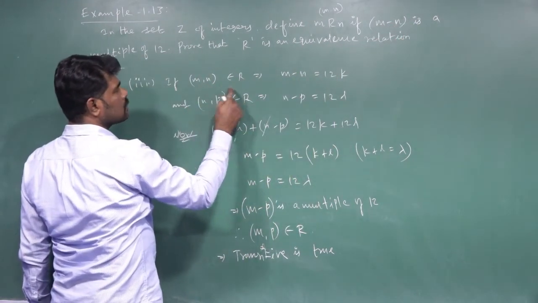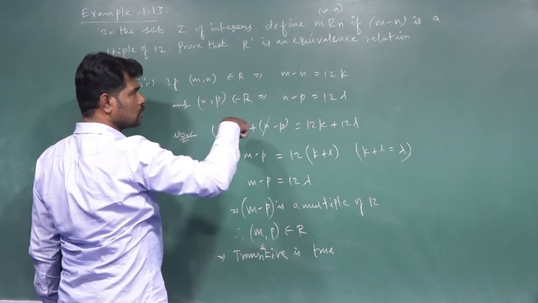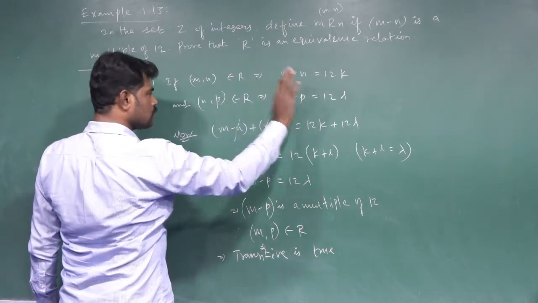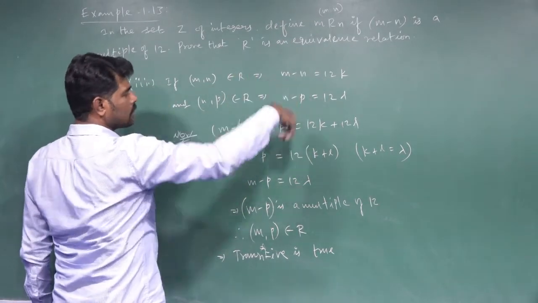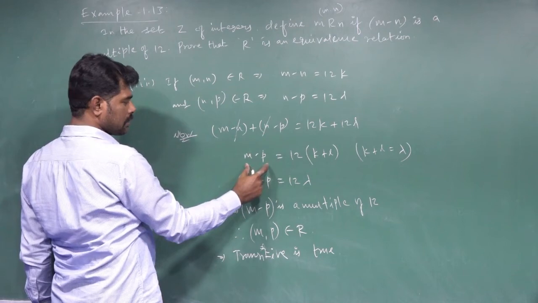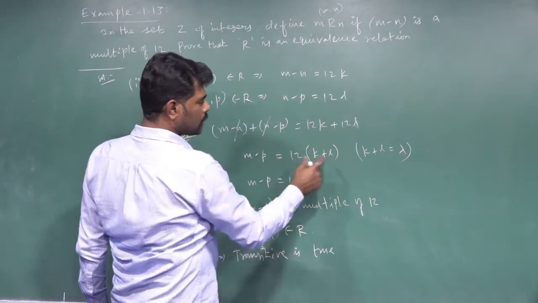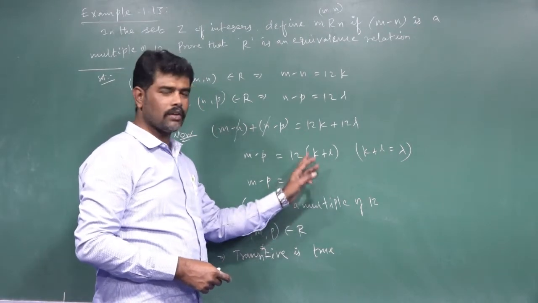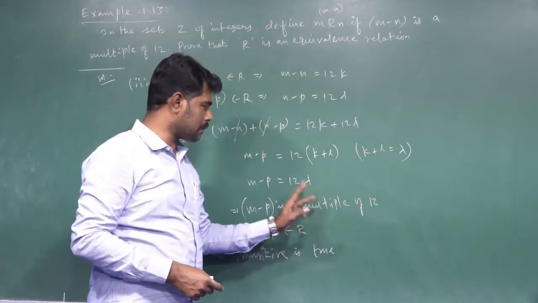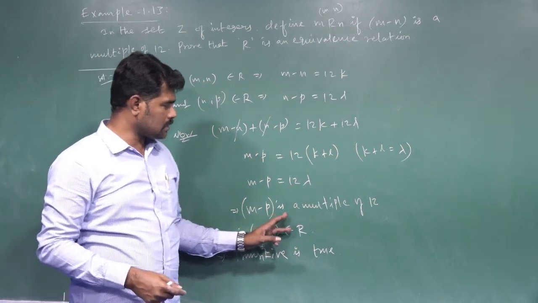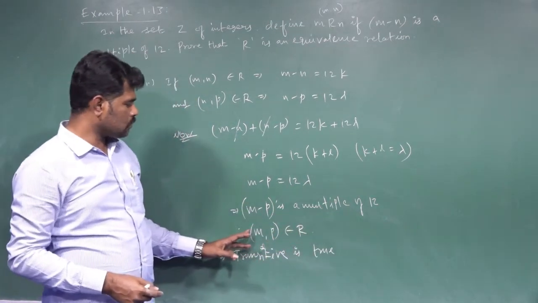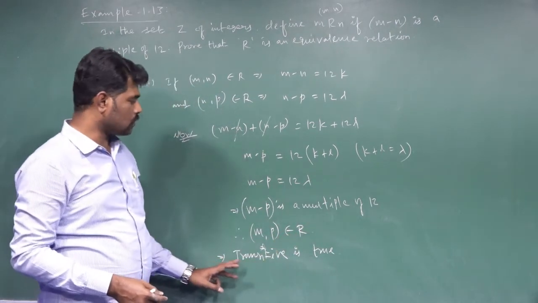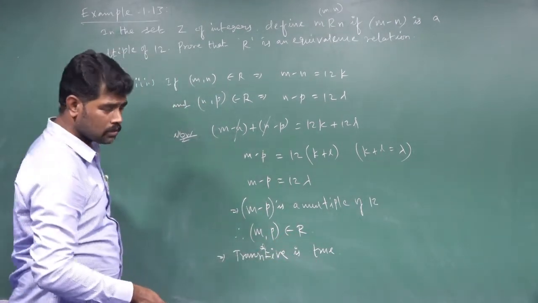So m comma n belongs to R, we assumed, then it should be a multiple of 12 only. n comma p is also a multiple of 12 only. Now add these two, then you can remove the n and n. We get m minus p is equal to 12 into k plus l. Now the value k plus l, this is one scalar, this is another scalar. Both we can add as a scalar lambda. m minus p is a multiple of 12. So the pair m comma p belongs to the relation R. Therefore R is transitive. So transitive is true.